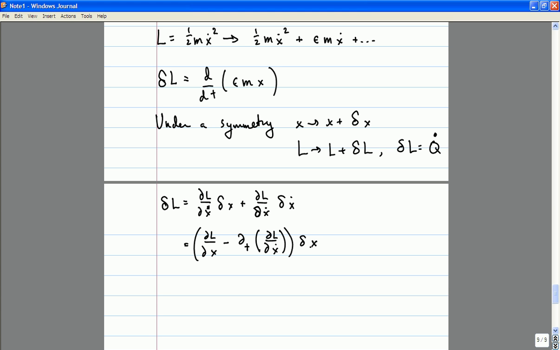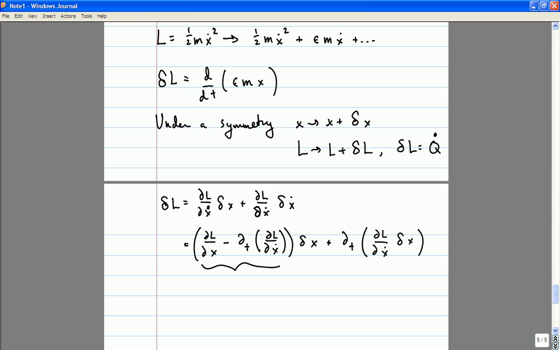Plus the time derivative of dL/dẋ times δx. Okay, I haven't done anything there, really. Except now you notice that this quantity here is the Euler-Lagrange equation, i.e. the equation of motion.